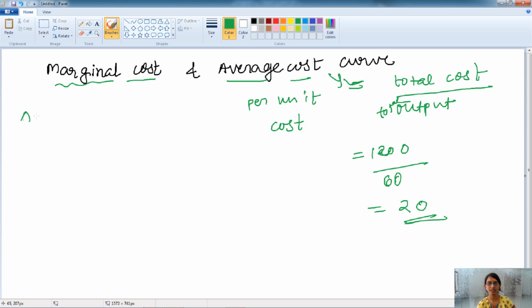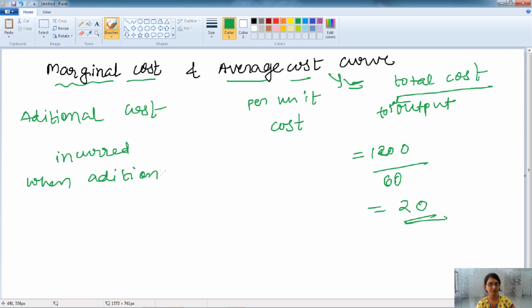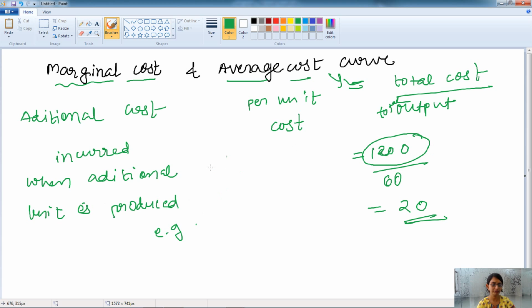Whereas marginal cost is the additional cost incurred by the firm when one additional unit is produced. For example, before we have the total cost as 1200 when we are producing 60 units, but when we are increasing our output by 1 unit, that is 61 from 60, our cost is increasing from 1200 to 1300.